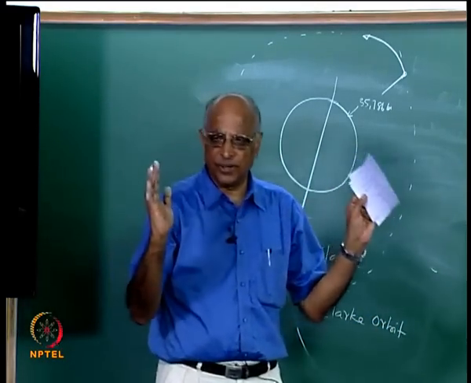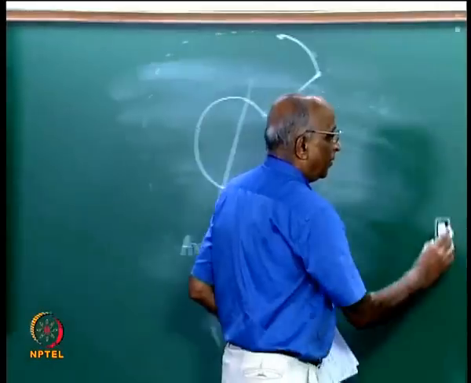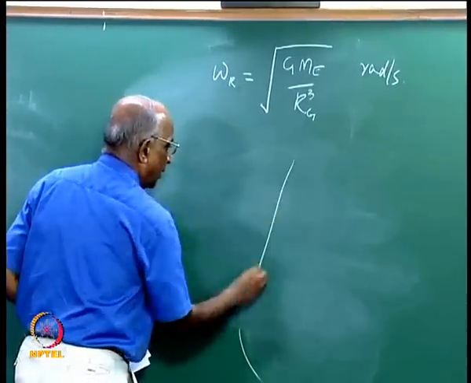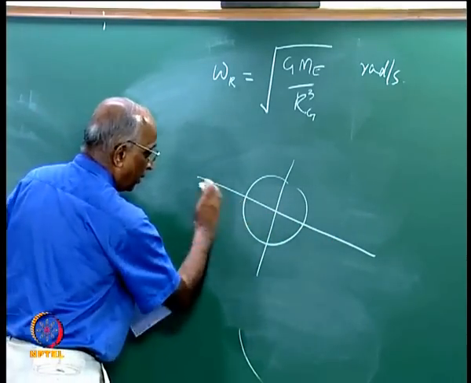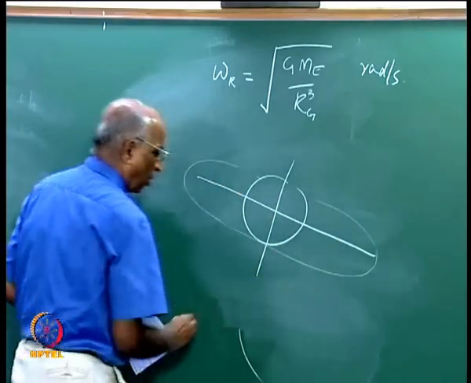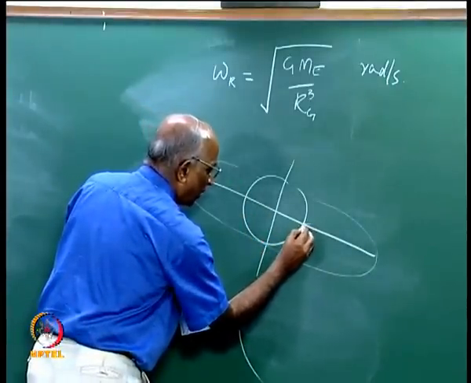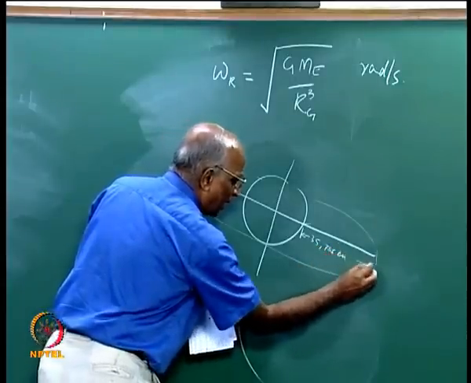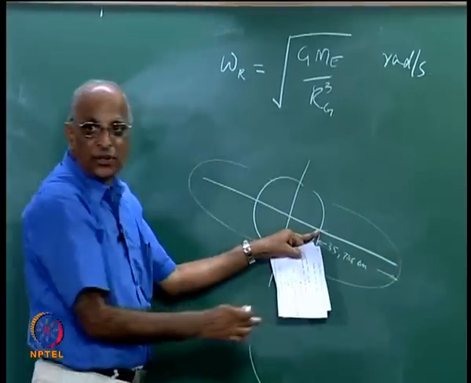Therefore, let me just repeat this once again. All we are telling ourselves is, we have the earth rotating west to east once in 24 hours, and if I have a plane on the equator, the equatorial plane, and around this I have a circular orbit which rotates once in 24 hours, at a height of something like 35,786 kilometers, the rotating object will appear stationary.